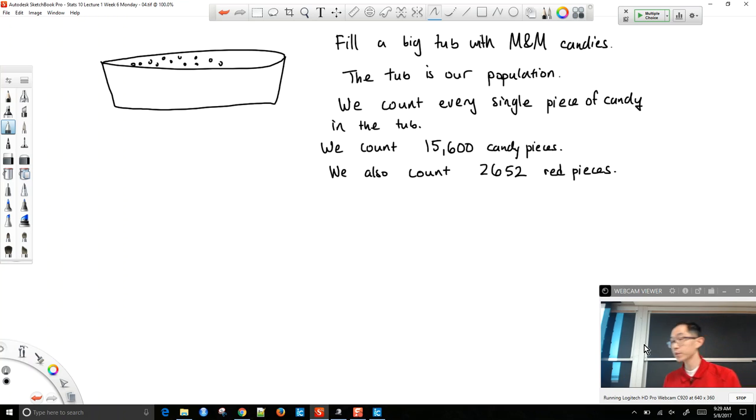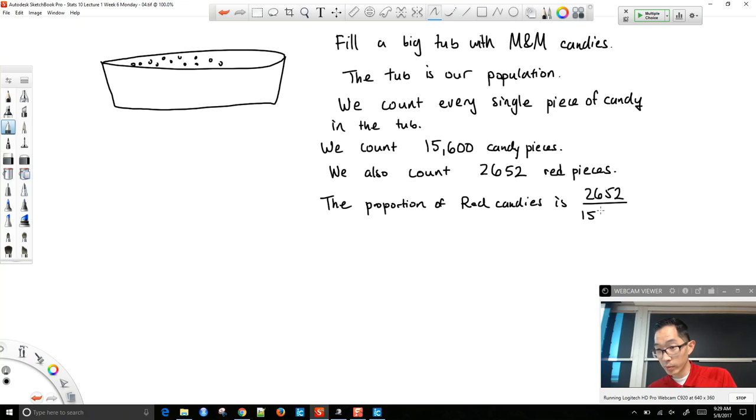Okay, and so a property of the population is the proportion of red candies in the tub, which is 2,652 divided by 15,600. And that's exactly 17%.